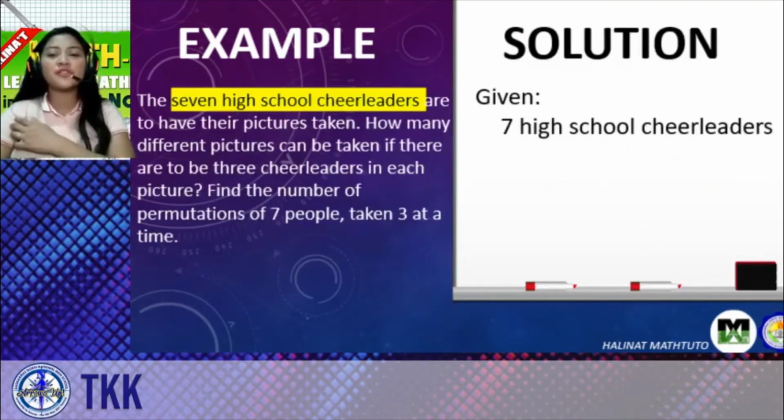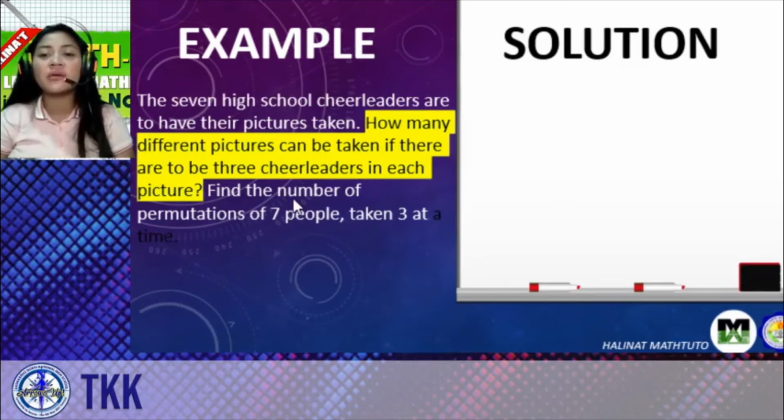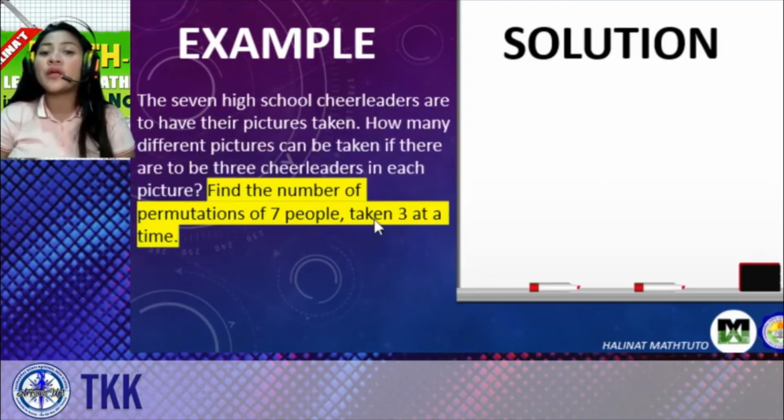So for our solution, the given is 7 high school cheerleaders. The question in our given problem is, how many different pictures can be taken if there are to be 3 cheerleaders in each picture. Therefore, we're going to find the permutation of 7 people taken 3 at a time.